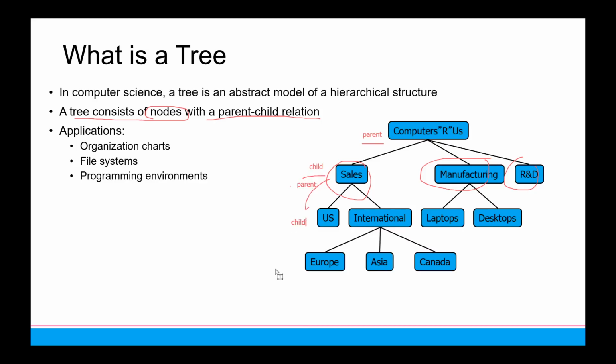If you look at this one, this is the parent and this is the child. The other section is the same. It is always the relationship between the upper level and the lower level, so we call it parent and child. We can see this kind of relationship in organizational charts, in file systems, or in programming environments. Many of those things use trees.